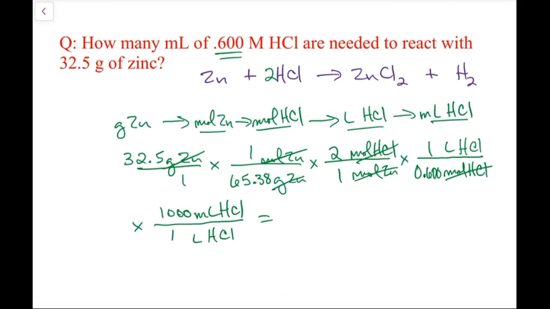I did my calculation, and I get 1,657 milliliters of HCl, which is a big number, but milliliters are pretty small, and the 32 grams of zinc that we're reacting it with is fairly significant. And then to round for sig figs on this one, we will have 3 sig figs, so 1,660.